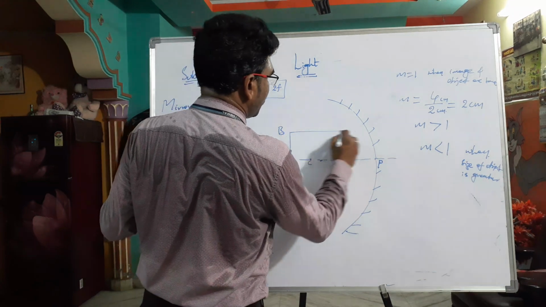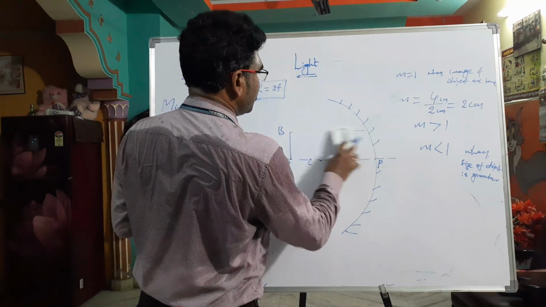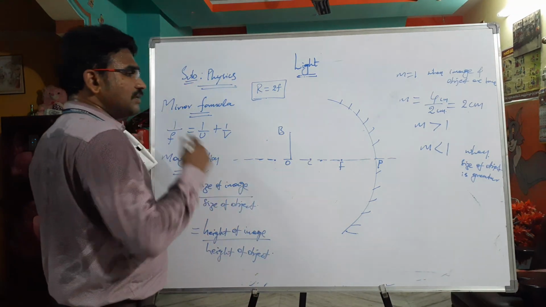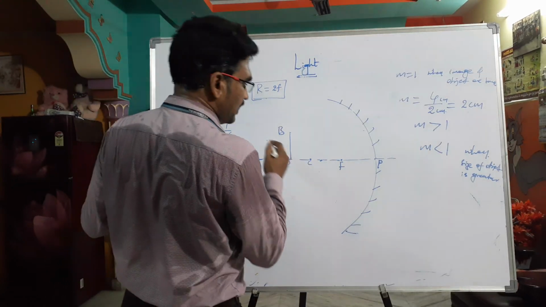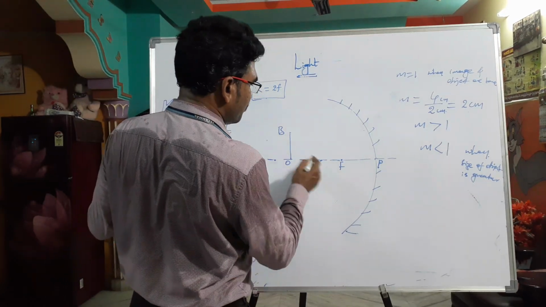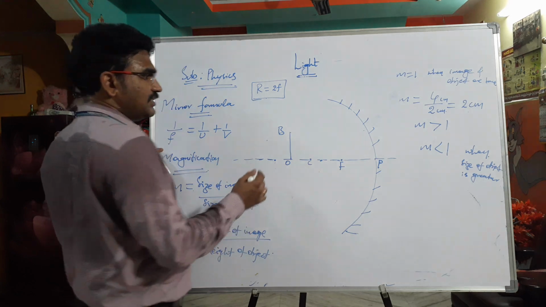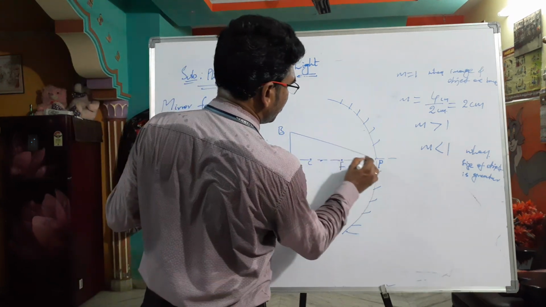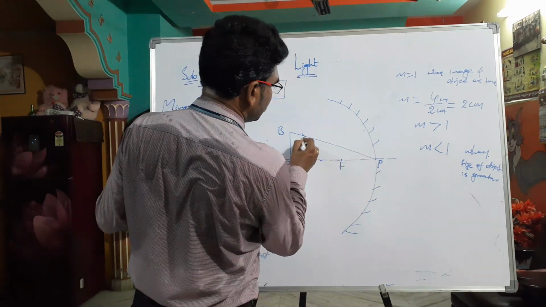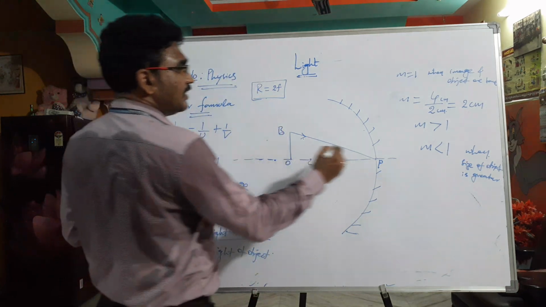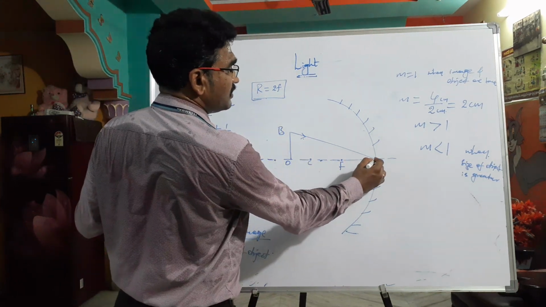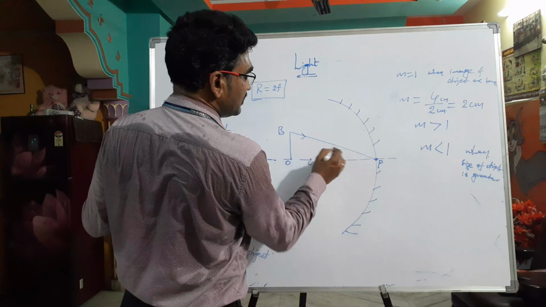Now I take another ray to find where the image is formed, beyond the C. I will take one ray. This is the incident ray. It has fallen on the pole. This is the point of incidence.